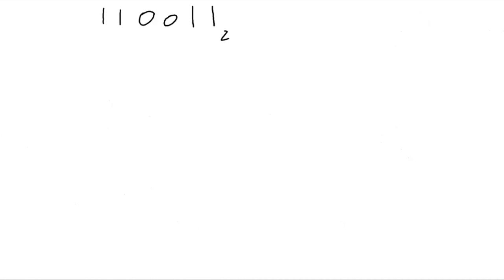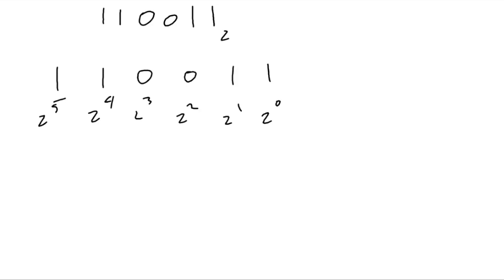So first thing I'm going to look at is how far out this goes. So I'm going to space this out a little bit. So here's 2 to the 0, here's 2 to the first, 2 squared, 2 to the third, and all the way out to 2 to the 5th.